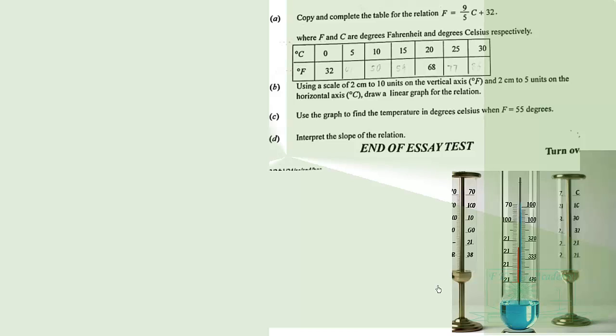So let's go step by step. The first one, we are going to complete the table. So recall the relation F equals 9 over 5C plus 32.